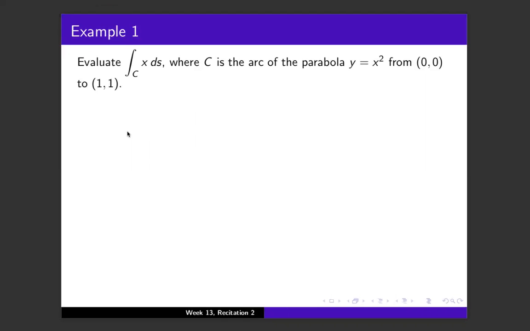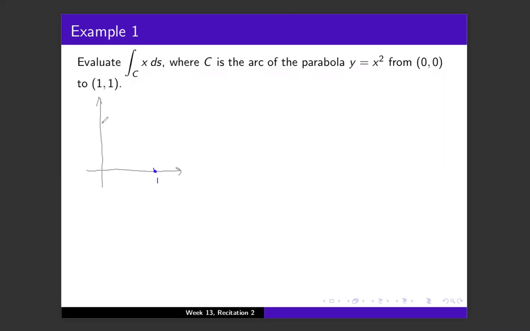So let's do an example of this. We want to evaluate the integral of x ds over some curve C, where C is the arc of the parabola y equals x squared from (0, 0) to (1, 1). It's always a good idea to try drawing the region you're working with. I'm going to try drawing this as straight as possible, even though I'm not a very good artist.